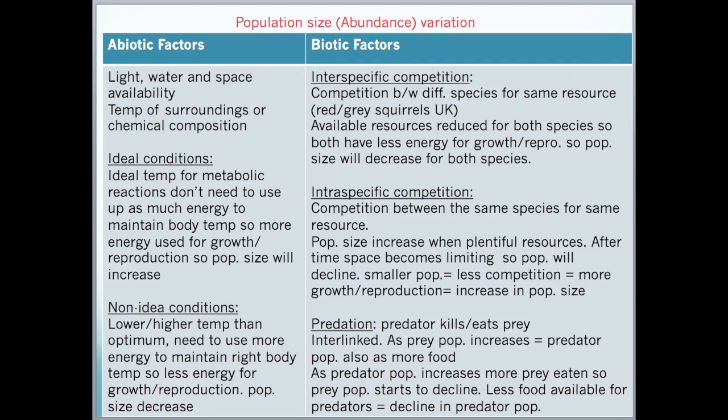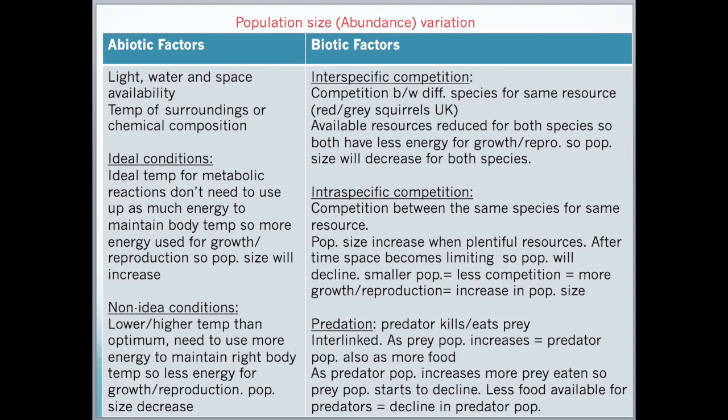And predation is when we have a predator which kills and eats the prey. The relationship between predators and prey is interlinked, however it's very complex, so I'm only mentioning the basic idea. As the population of the prey increases, this also means that the predator population also increases because there is more food available.